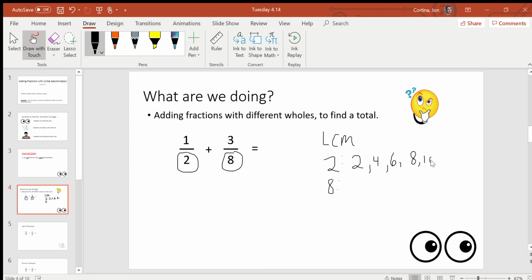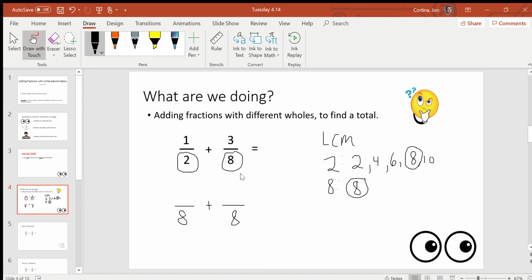Okay, I'm going to stop right there, and I'm going to try the 8. 8, oh, and I noticed right away that I have a common multiple, and it's the least, and the number would be 8. So we need both of these fractions to have 8 on the bottom because that's the least common multiple.